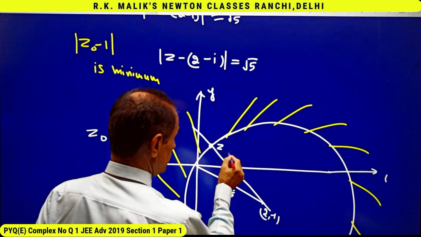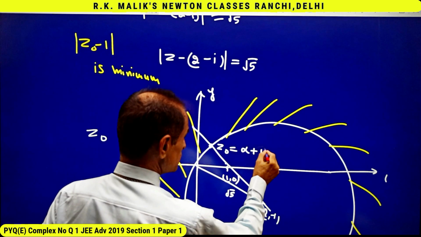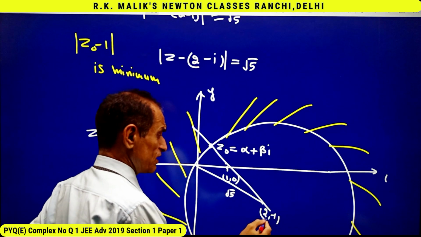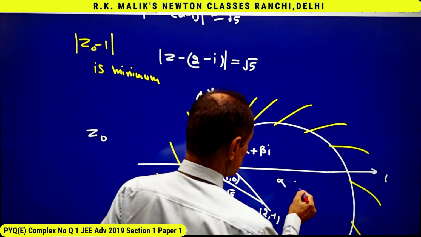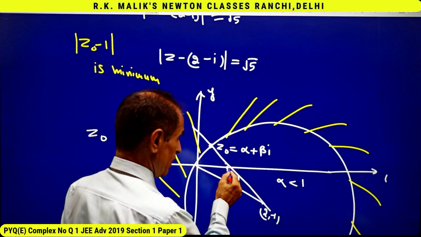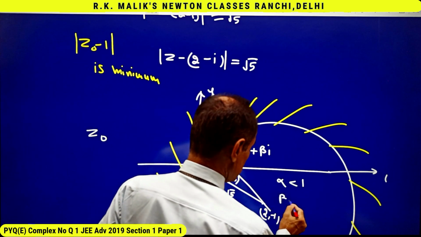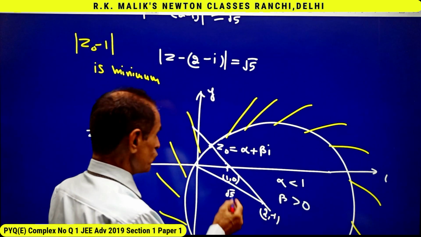That is, if this is the point Z0, value of Z0 is alpha plus beta I, I can surely say that alpha is less than 1 because the x coordinate of this point is less than 1, and beta is sure to be greater than 0.